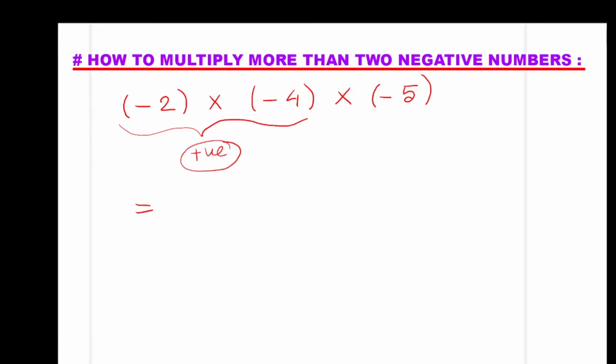That means minus 2 into minus 4 will be plus 8. But now this will come into minus 5. This is positive and this is negative, so opposite sign. It will give us a negative answer. Just multiply the numbers, 8 5s are 40. Okay.